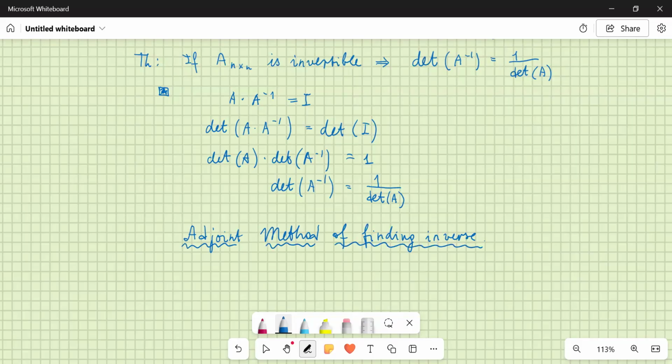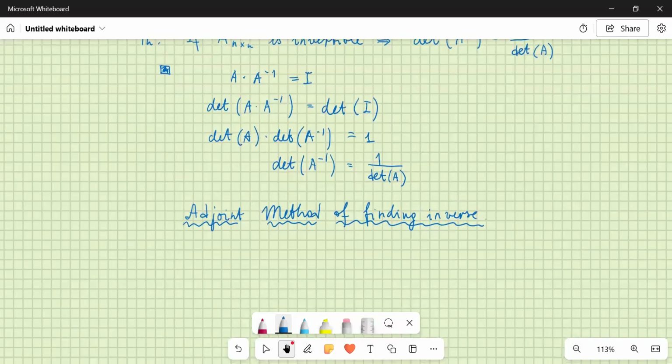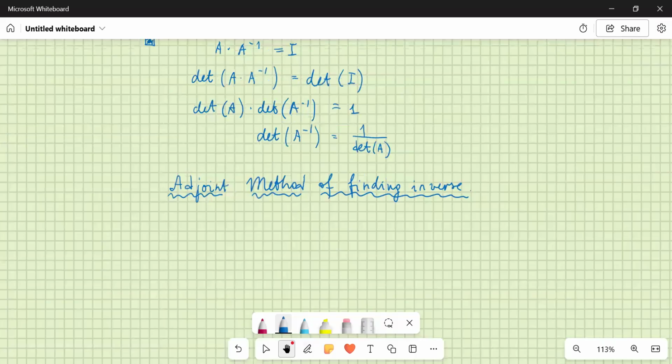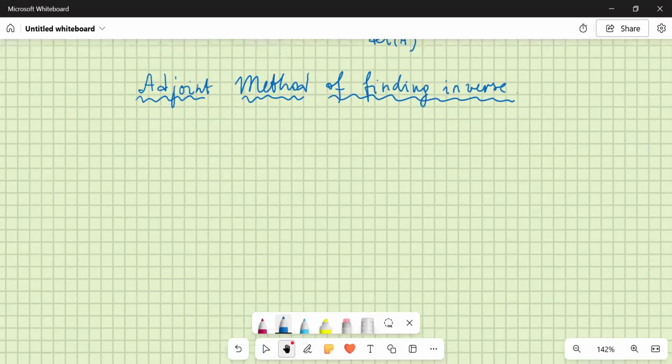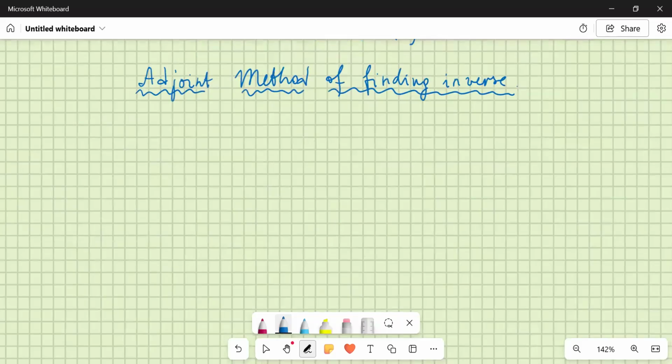Before, we were doing row elimination, right? Before we learn this method, we'll need to make a definition of what an adjoint is. I'm going to start with the definition here. Let me make my squares a little bit bigger. So what is an adjoint?